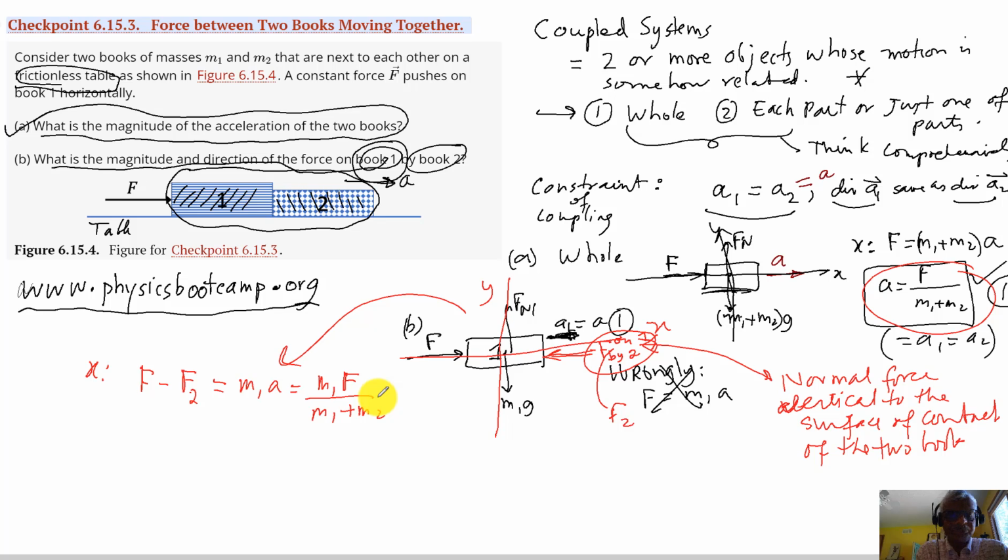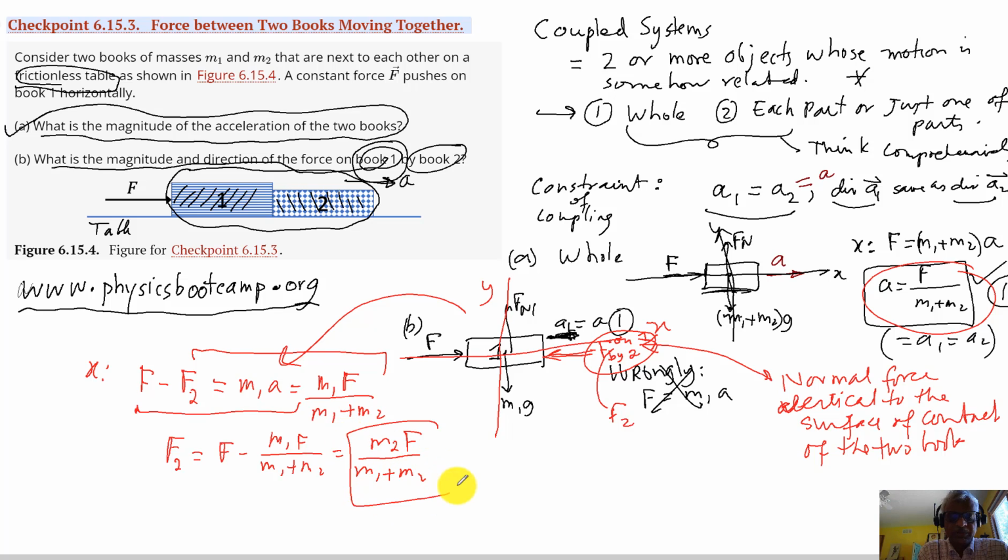I bring this F2 to one side and the other to the other side: F2 equals F minus m1 F over m1 plus m2, and if you simplify it, it's going to be m2 F over m1 plus m2. So this is the answer to B.